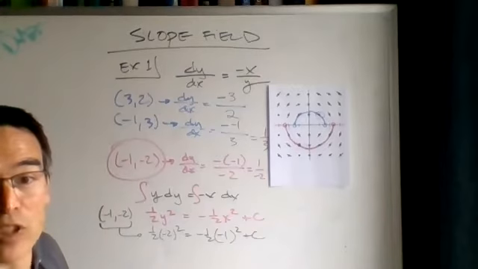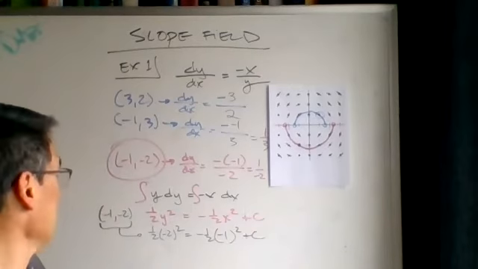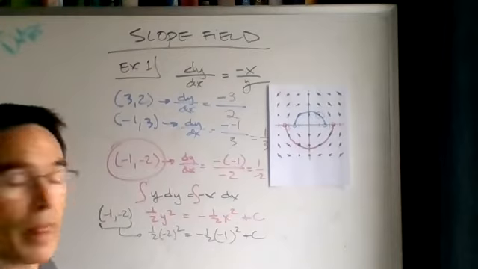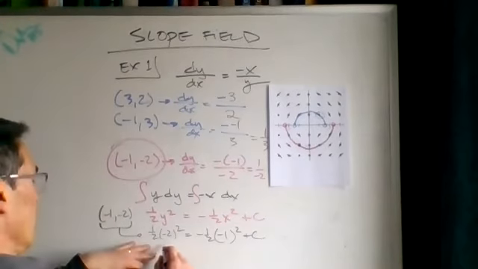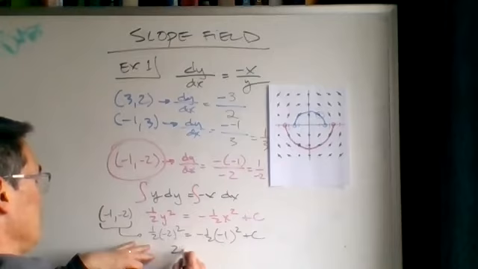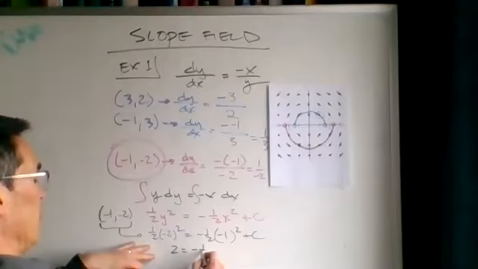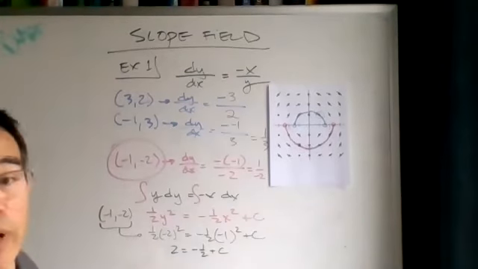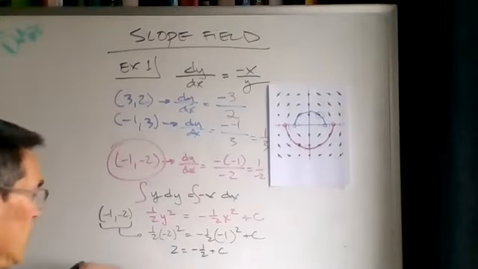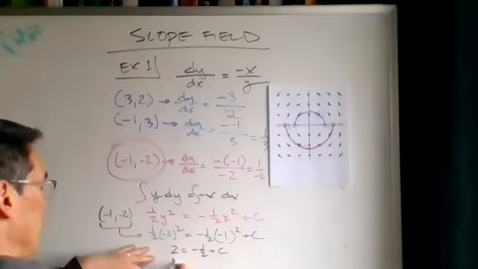Okay, so I've just plugged in -1 for x and -2 for y. Now what? So this would be 4, and 1/2 of 4 is 2. This would be 1 times -1/2. I think my arithmetic is okay there so far. So I've moved this over here. So this would be 5/2.